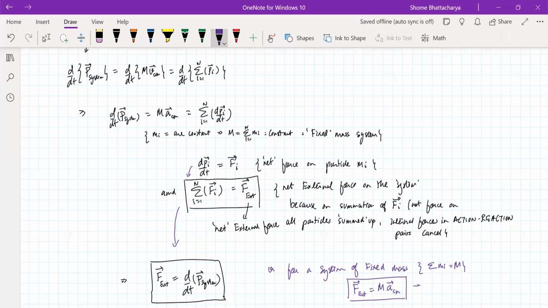So this is Newton's second law applied to a system of particles. When you apply it to a single particle, we say that the net force acting on it is equal to the rate of change of momentum.